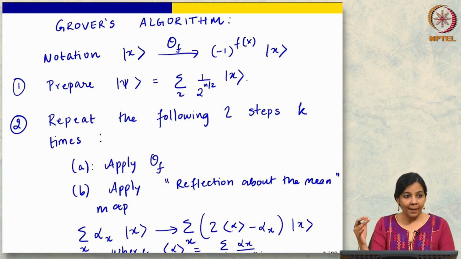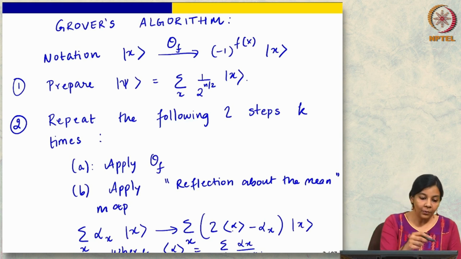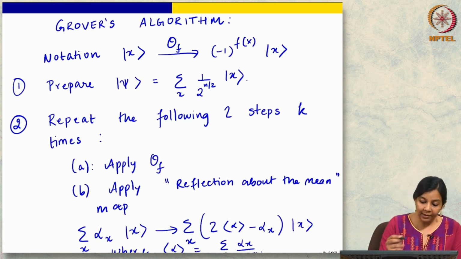So, I sum all the amplitudes and I divide by 2 to the n. So, this step is so far a mysterious step.